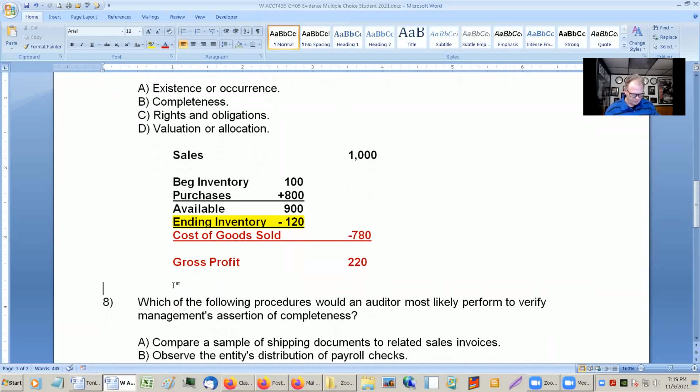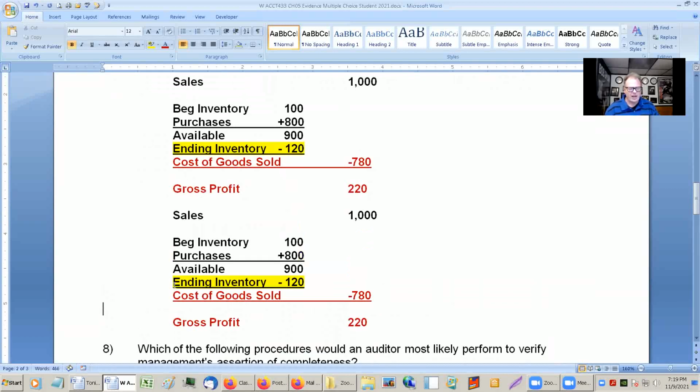So notice what could happen. Let's say that your ending inventory, instead of being 120, includes some of this inventory from somebody else.